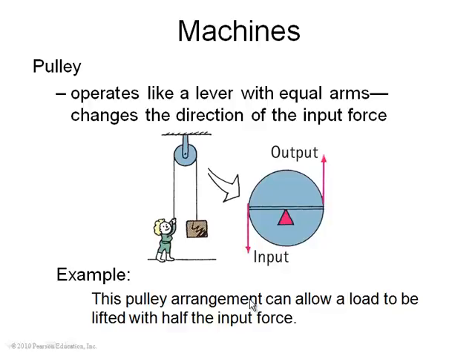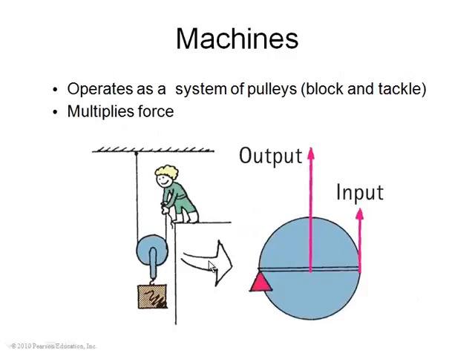But you can also set up pulleys that allow you to decrease the input force. If you look at this picture, the woman is pulling on this pulley, but the pulley has 2 ropes attached to it. So each rope is providing a force, and your output force is going to be twice as much as the input force that the woman is applying.